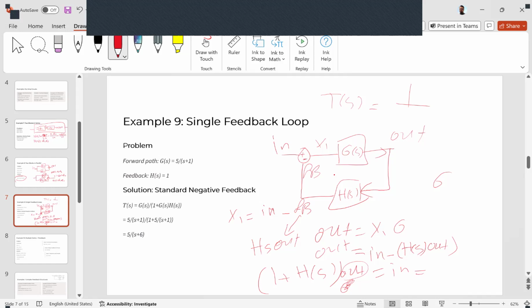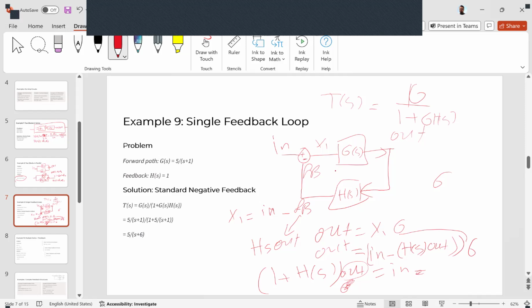Okay. Now, what would be the transfer function? It would be G over 1 plus GHS. Are we good? Is that clear how we find that? Any question?